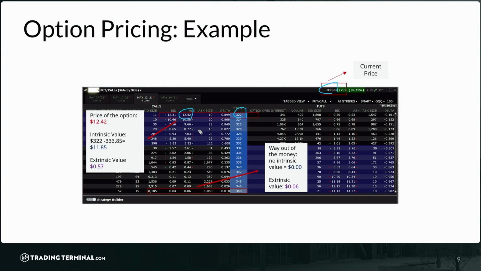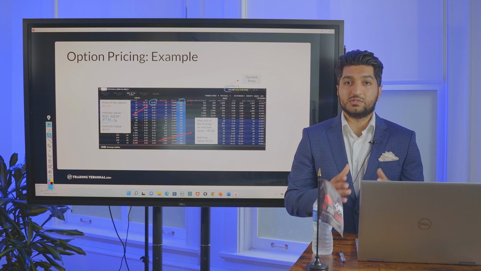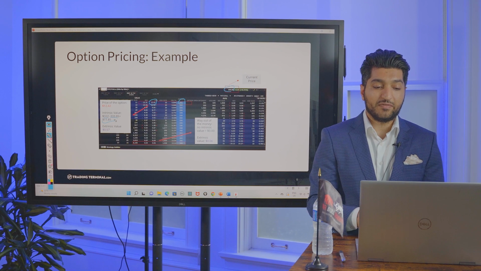So if we take the stock price minus the 322 strike price, we can get the intrinsic value. The intrinsic value of this option that is trading at 12.42 is 11.85. That's the difference between the strike price versus what the stock is already at, 11.85.